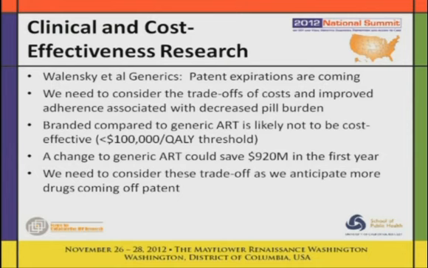A change to generic antiretroviral therapy could save the US healthcare system about $920 million in the first year alone. That's a trade-off we're going to need to consider if we're moving to routine HIV testing. We're trying to identify all of those who are tested and get them into care. Then as a system, are we going to be able to afford branded therapy or not?